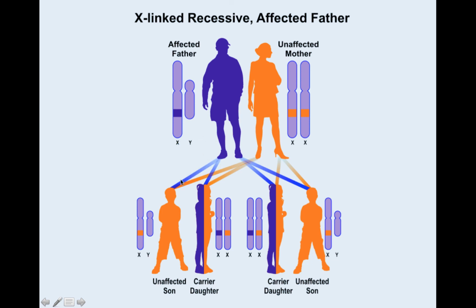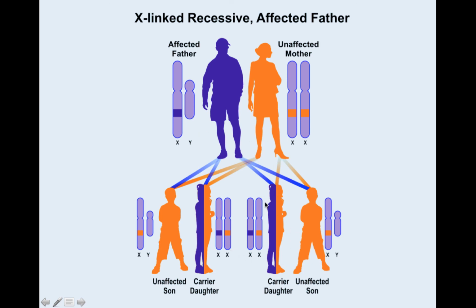So to his unaffected son, he's going to give his Y, because the son gets the Y, and the X is going to come from the mother. They're going to have a carrier daughter, because she's going to get this mutant allele here that causes a disorder, but from the mom she's going to get a working version, so she's going to be fine, but she's going to be a carrier, so she's going to be X little a, X capital A. The same with this daughter here.